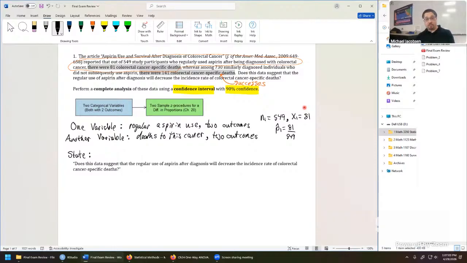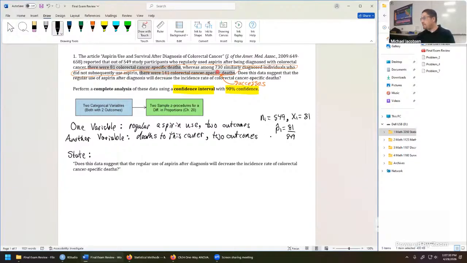I remember this was kind of tricky on exam 3, so let's go carefully. I think this is a good review problem. For the other population, it was those that did not regularly use aspirin. It says, whereas 730 similarly diagnosed individuals who did not regularly subsequently use aspirin, there were 141 cancer-specific deaths.